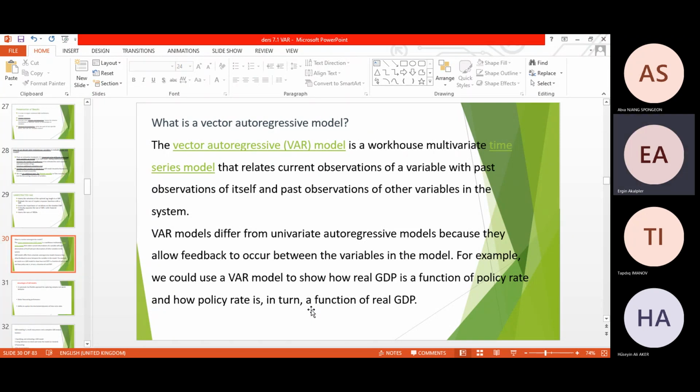VAR models differ from univariate autoregressive models because they allow feedback to occur between the variables in the model. For example, we could use a VAR model to show how real GDP is a function of the policy rate and how the policy rate is in turn a function of real GDP. This is vice versa. The bilateral impact or relationship, or the causality or correlation, is going to be questioned.